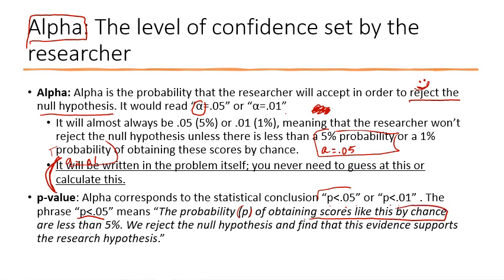And if that's the case, then we reject the null hypothesis and find that this evidence supports the research hypothesis. Your book might say something like this: the significance level was set to 0.05 or 0.01.